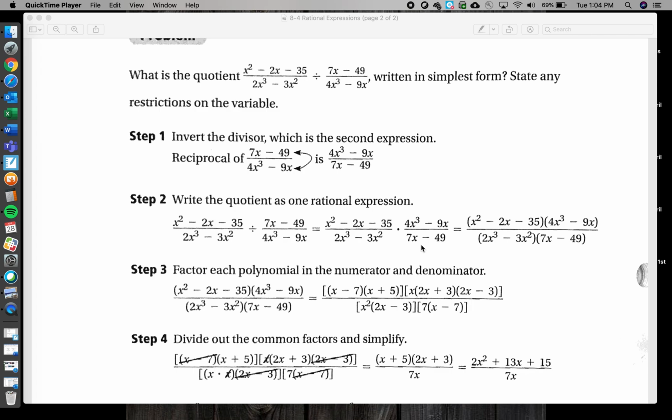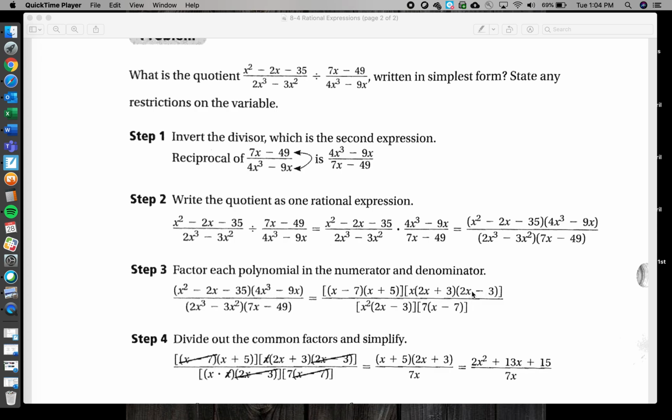And then from there, let's go through and factor each one of these expressions as much as possible. Let's put them in factored form. So this x squared minus 2x minus 35 factors here to x minus 7 times x plus 5. Second factor, you can take out an x, and what's left will be a difference of squares.